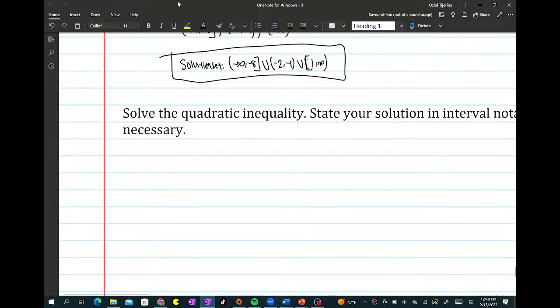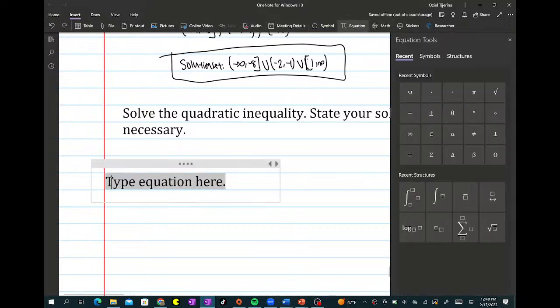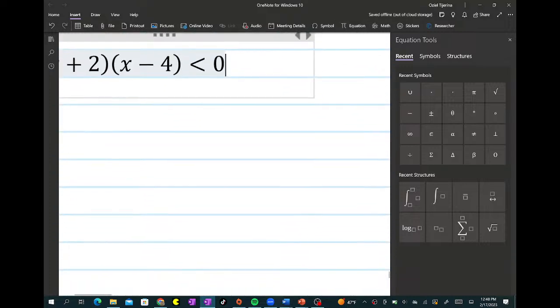So let me go ahead and insert, and I'm going to do one where we actually have the x-intercepts. So let me do x plus 2 times x minus 4, is less than 0. Okay.